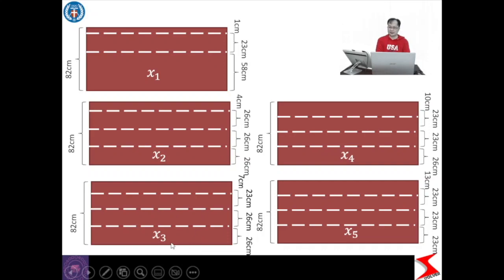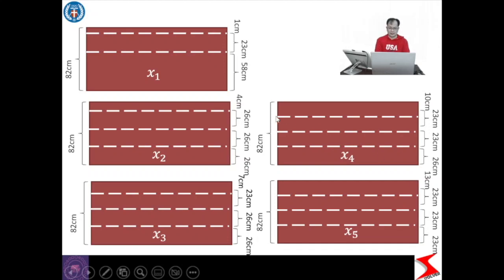And we have the third cutting method. We cut 23, 26, 26, and we have 7 centimeters of waste. And the fourth method is to cut 23, 23, 26, and the fifth cutting method is 23, 23, 23, and the waste is 13 centimeters.